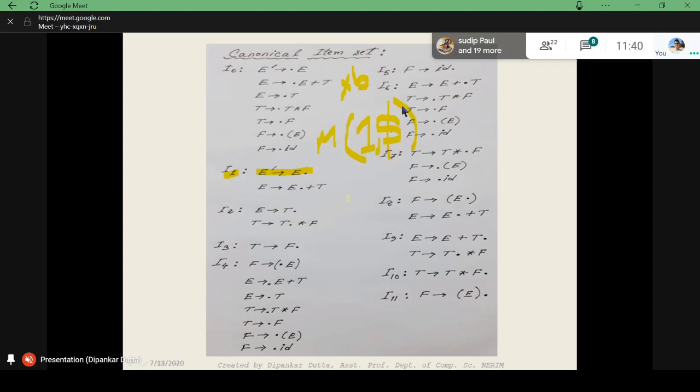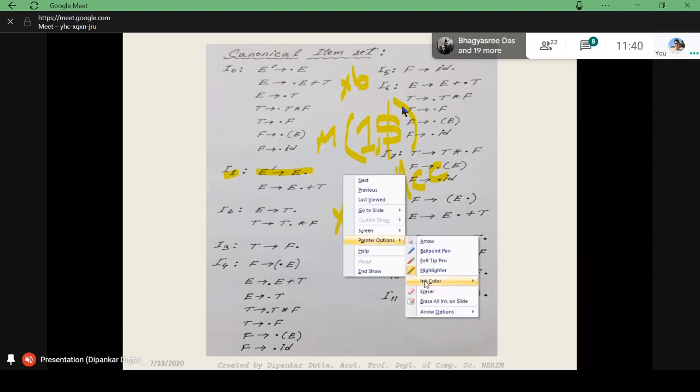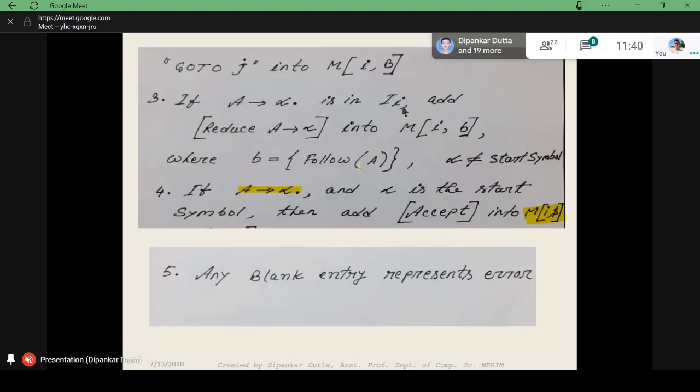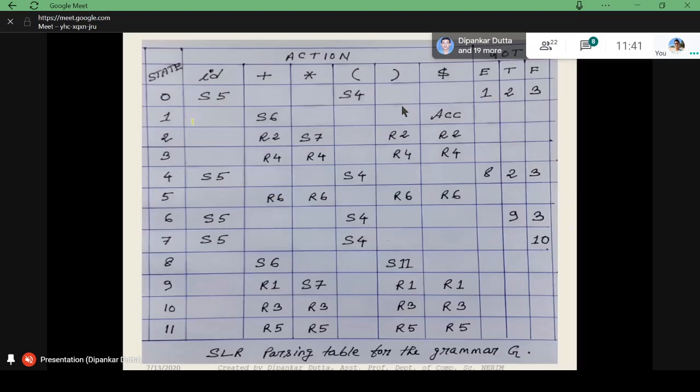Don't go for the reduce; just write accept. Then for this particular example, in I1 with dollar, what do we have to write? Accept.